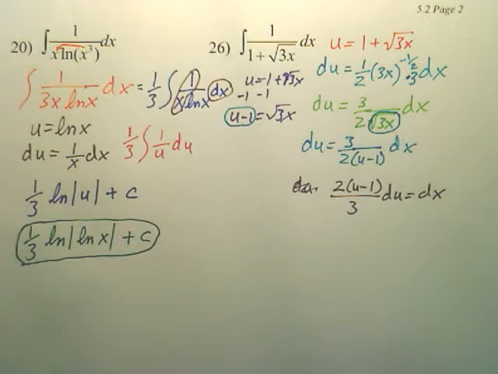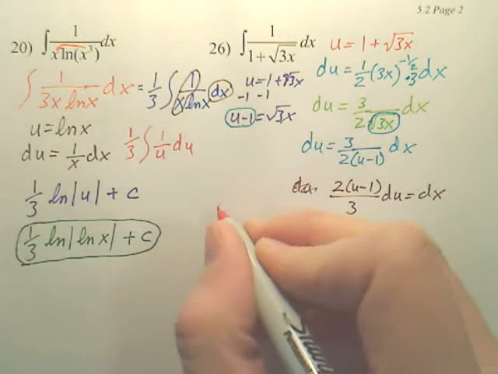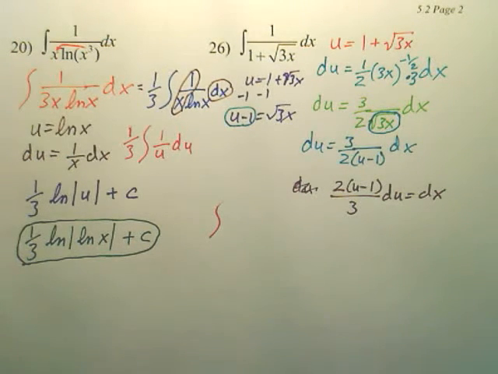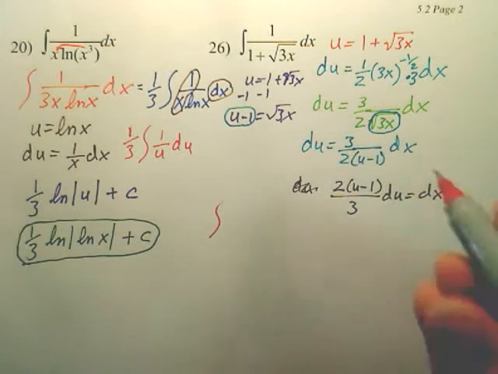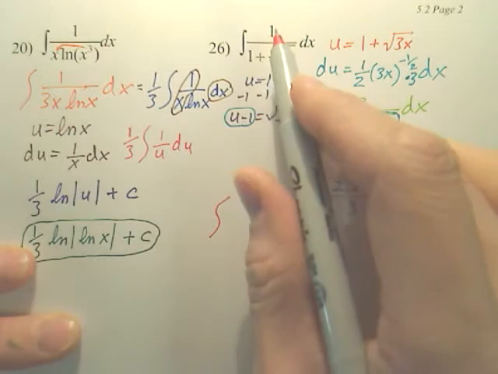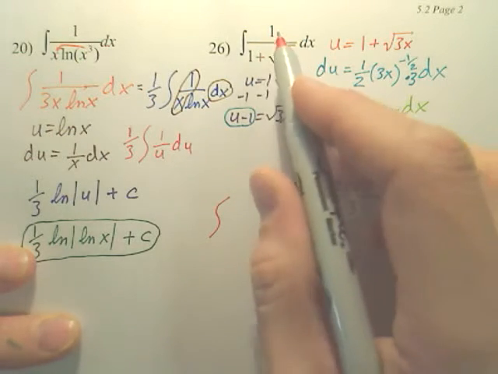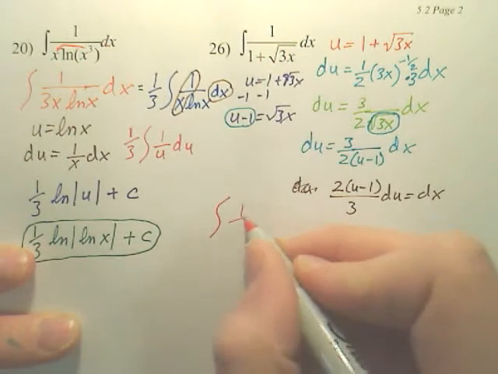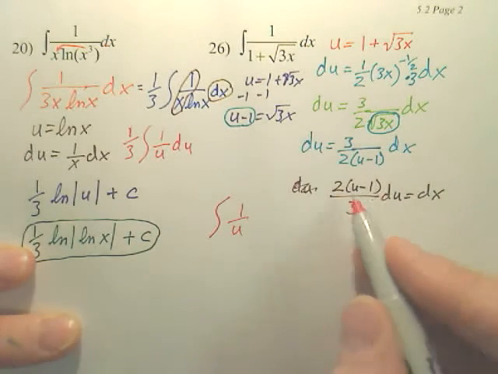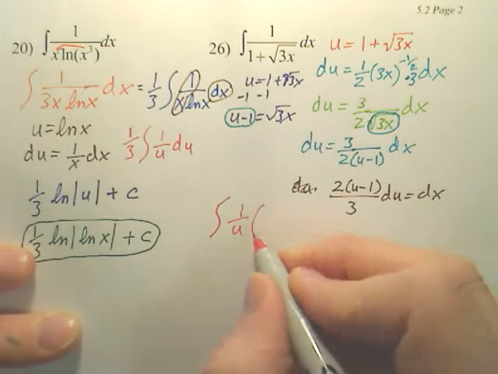And from there, here's what I have. Oh, did I lose something? No, we're good. Now, this was 1 over u. And dx, isn't dx equal to this hodgepodge of mess?